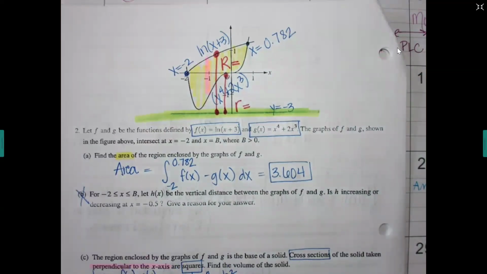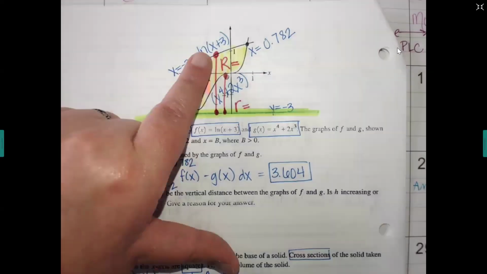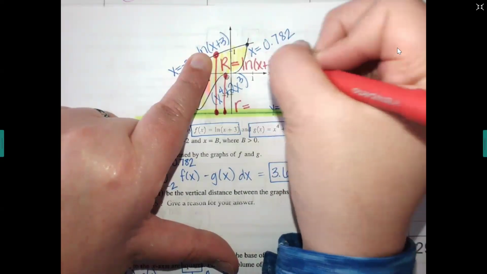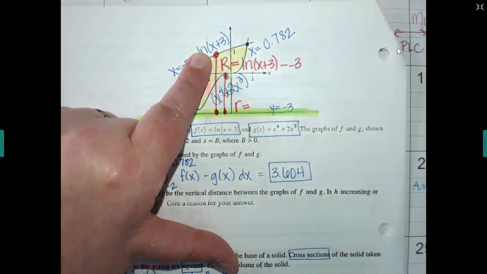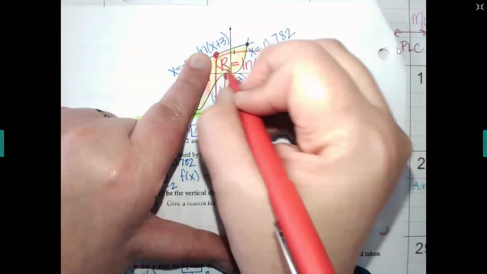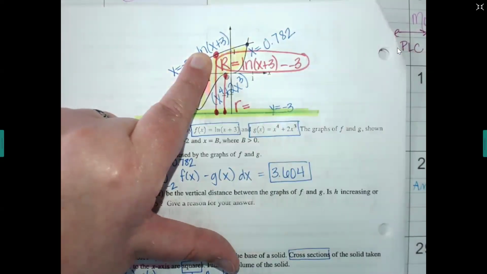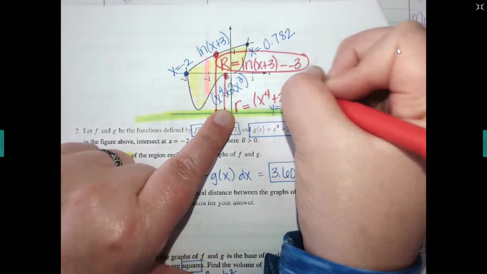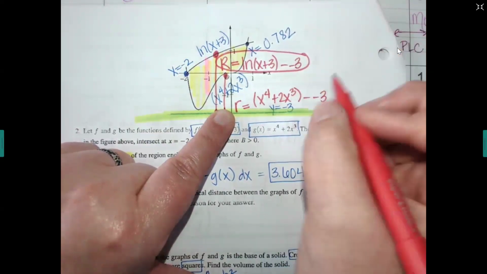What function? ln, and what's the bottom of it touching? -3. So then for my big R, it'd be ln x plus 3 minus -3. That's my capital R. And then for my little r, it would be x^4 plus 2x^3 minus -3.